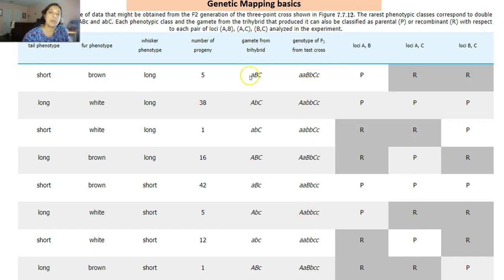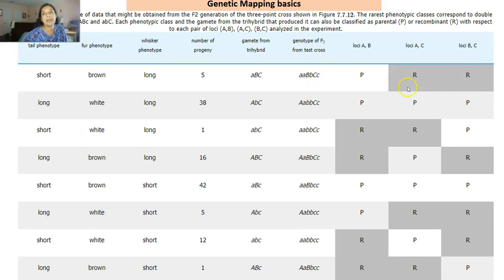Looking at these genotypes, you know which gametes you were getting, and then those gametes are going to be looked at. Now for each one of the loci pairs, remember, it's not just 2 genes but 3 genes, so you have 3 different possible loci pairs: AB, AC, and BC. For each one of them, you would look at this particular gamete and say, is it a parental or is it a recombinant?